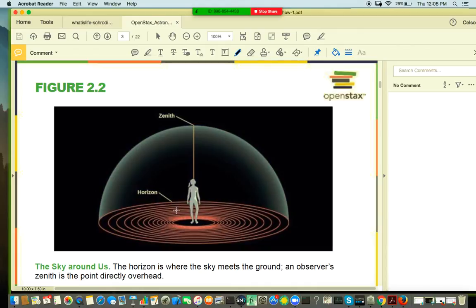You are at the very top, and then you look around, and what you see is water and the sky meeting the water very far away. That point, the dividing line between the sky and the water, is what we call the horizon, and that's what you have right here. So this is your horizon.